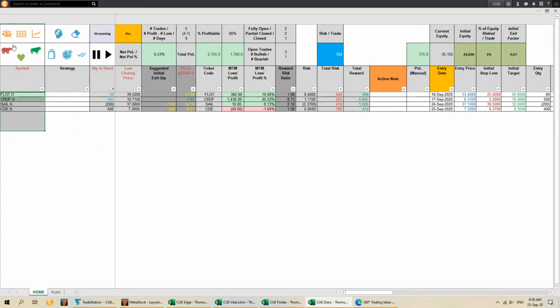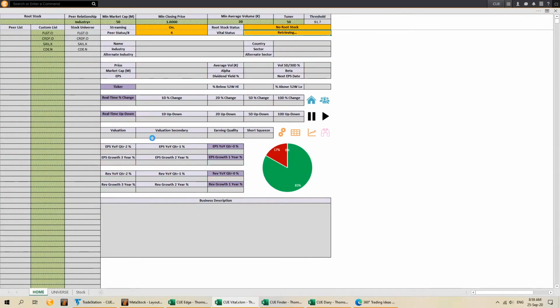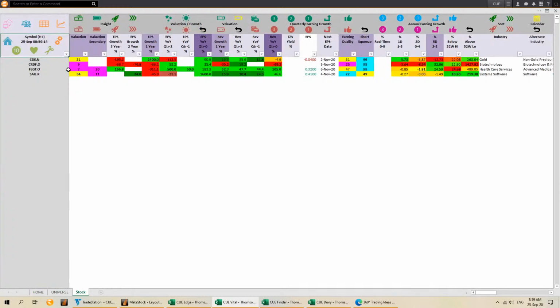I may highlight them and click the PR analysis or fundamental analysis button. That will take all the stocks to Q Vital. Those 4 open trades, it's retrieving the data, calculating the score. That is done, and now I may look at the score.